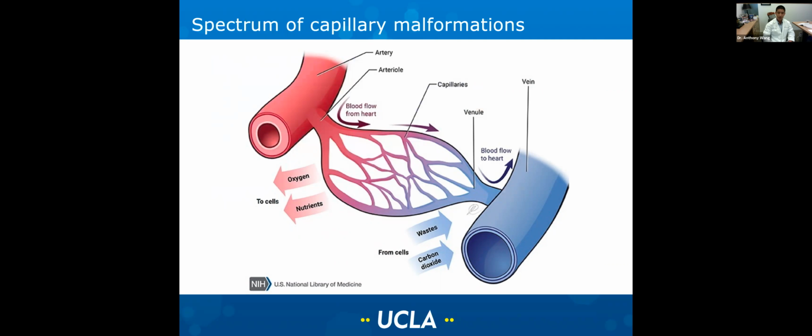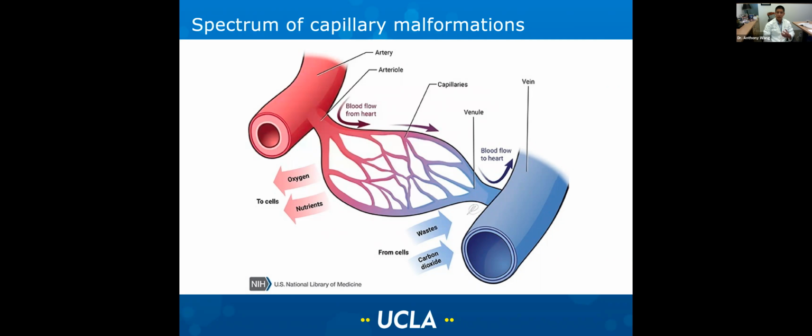And there are cases in which you see mixed malformations among these three, multiples of these malformations, and then hybrids of these malformations.